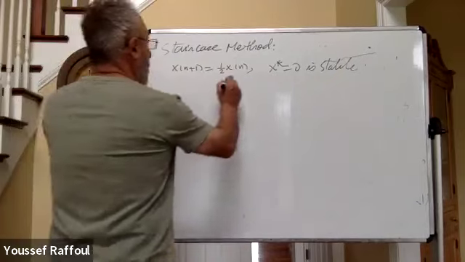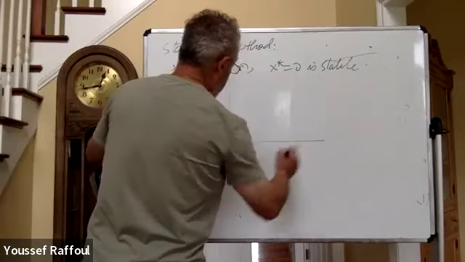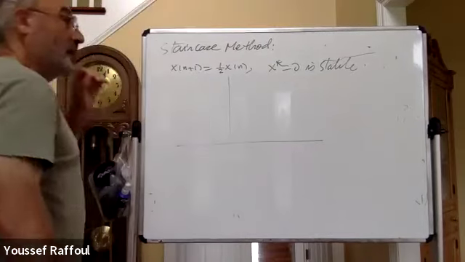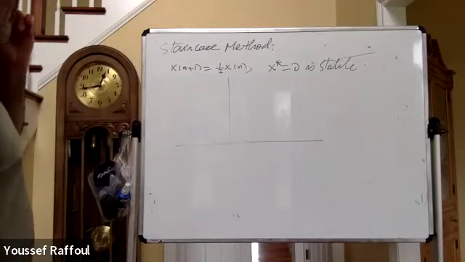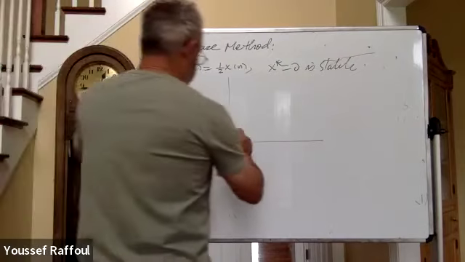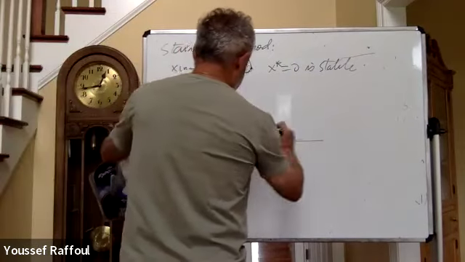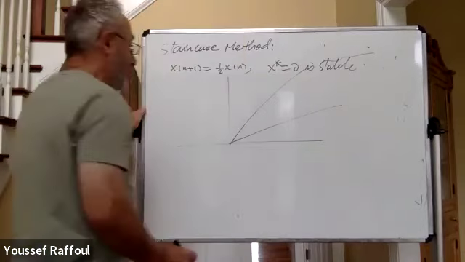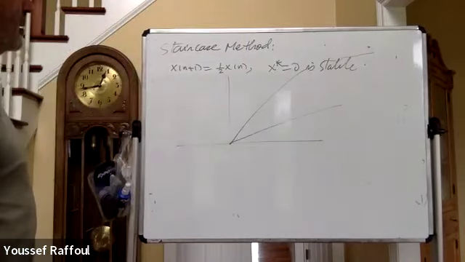So what we're going to do is, this is 1/2 x_n. This is 1/2, and this is x_n.